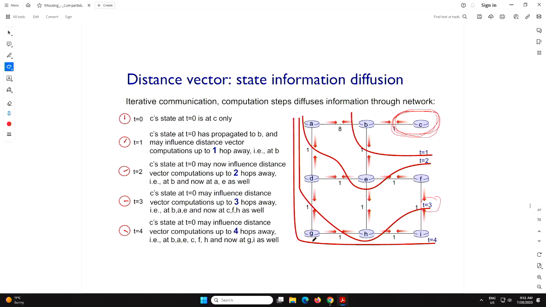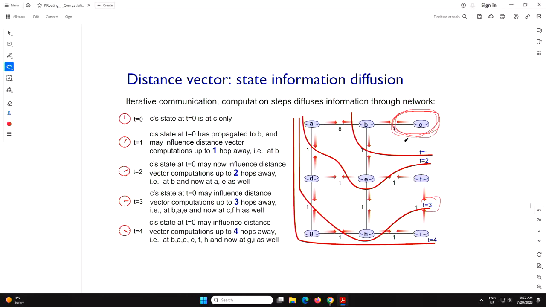Question? When T equals 2, is C influenced by other routers also? So your question is, at T equals 2, does B update? Is C influenced by others? Okay, I think I understand your question now.